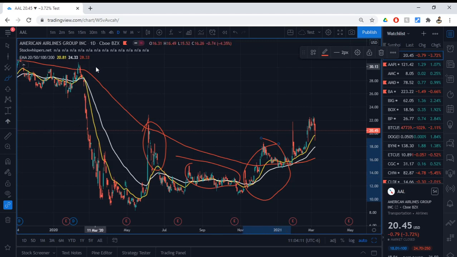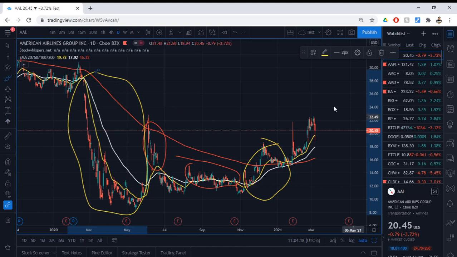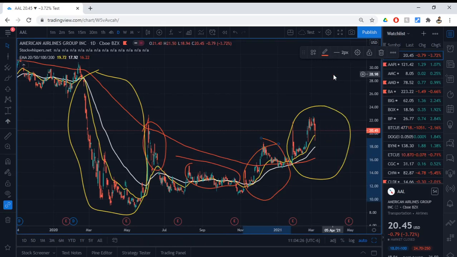You want to trade this area, right? You want to attempt to trade this area.